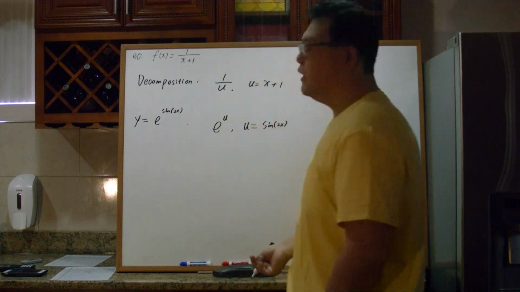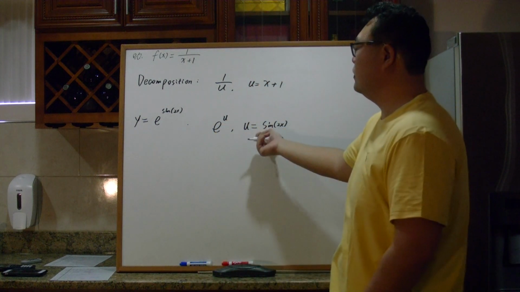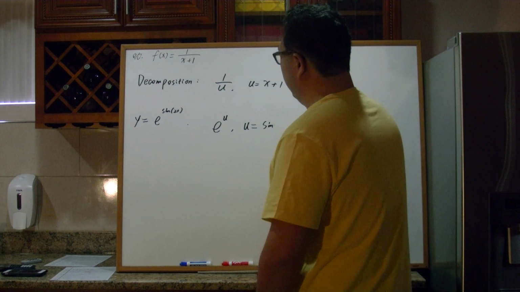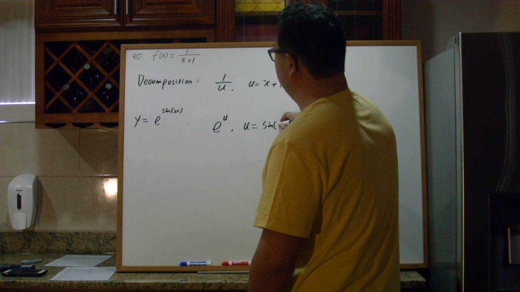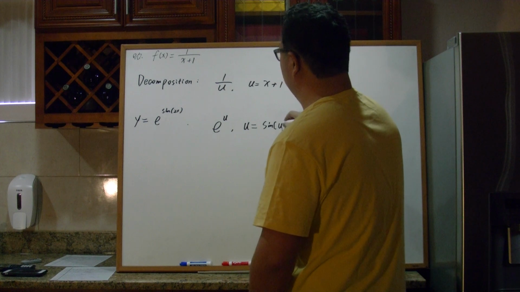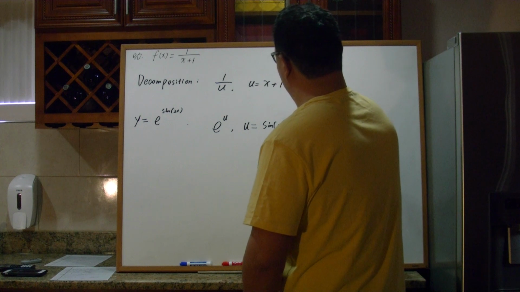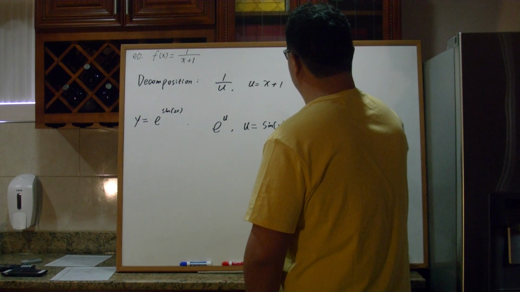But sine of 2x is not a simple function, it is still composed: sine of a variable, where the variable is not simply x, it is v, where v is 2x.